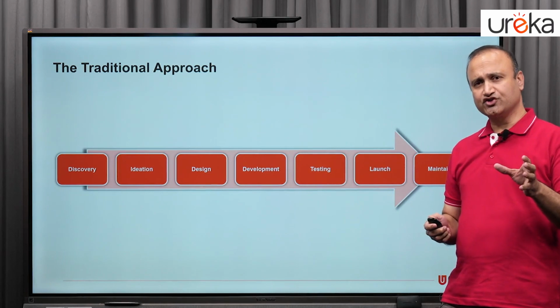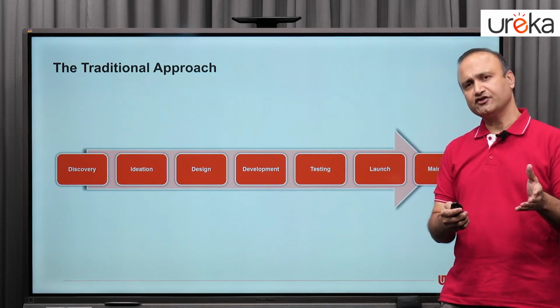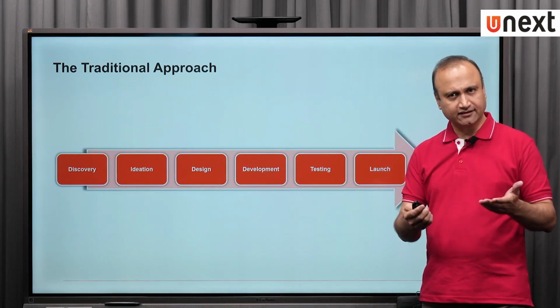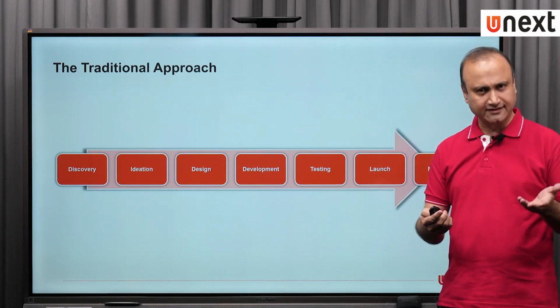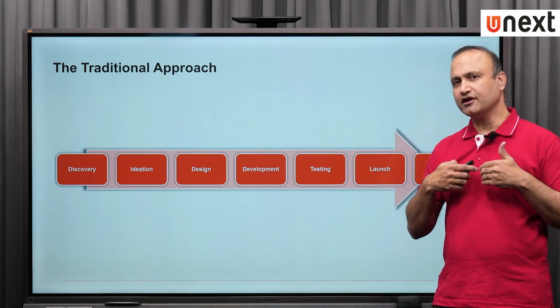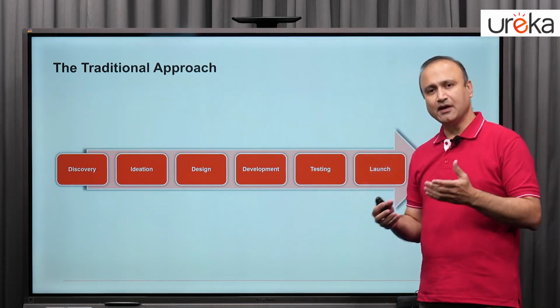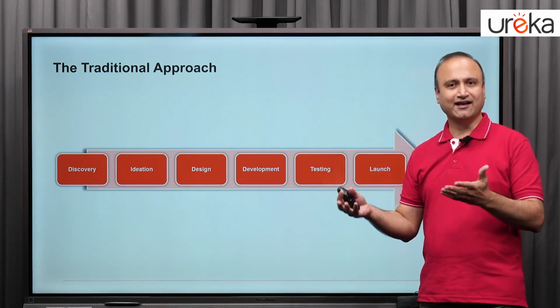One of the things which these organizations faced as a challenge was they were able to invent, they were able to pioneer a product once, but they were not able to continue. So for them, innovation became a milestone. It was not a moving target for them.